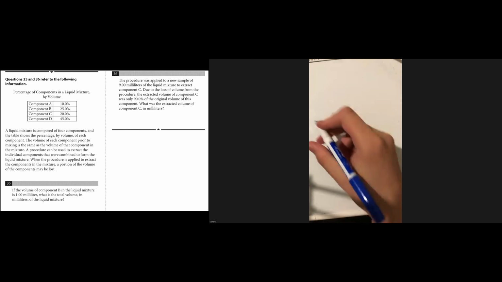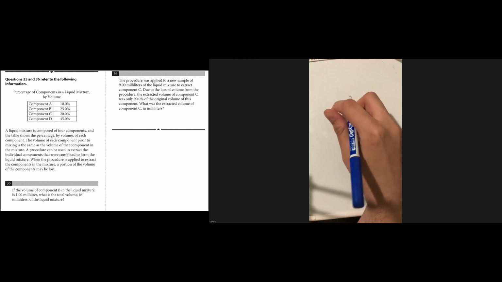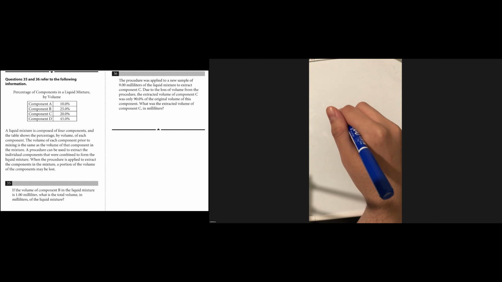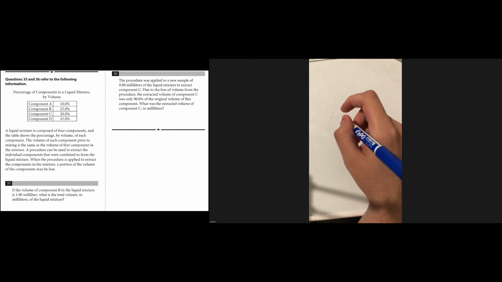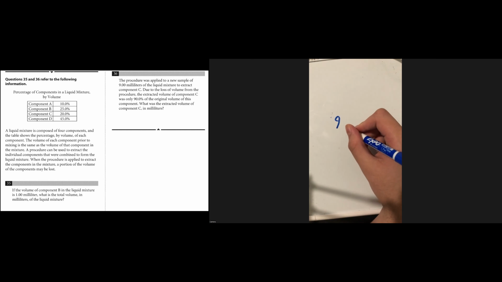Okay, so for this one, it tells us that they applied it to a new sample of 9 milliliters. And it says the extracted volume of component C was only 90%. So we just do 9 mL times what C should be, which is 20%, which is just 0.2.